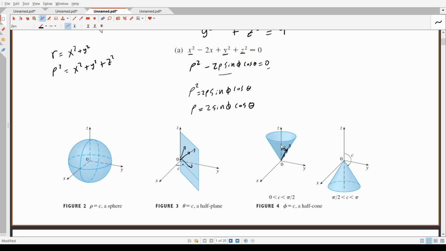So it's going to be all of the points of any radius and any angle in the xy plane, as long as it has a fixed angle with respect to the z-axis. And if phi is larger than pi over 2, it's going to be a cone facing down. If phi was equal to pi, it would just be the xy plane.